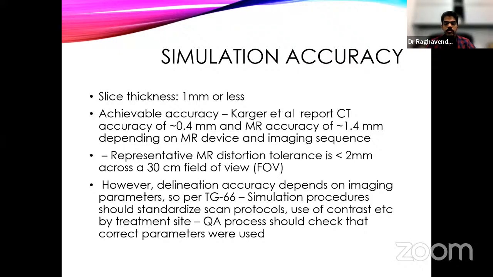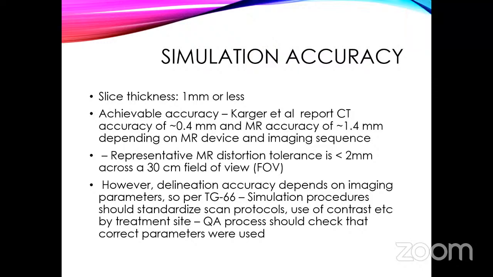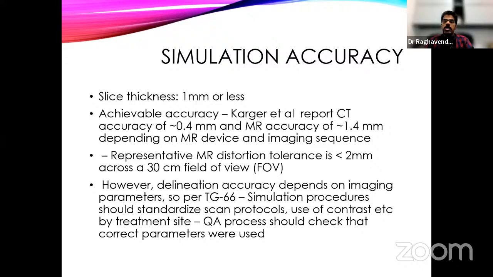As per Task Group 66, the simulation procedure should standardize the scan protocols. You should know what actually has to be done. For example, if you are looking at a condition like trigeminal neuralgia, what are the MR sequences you should use? Whether you want a 3D VISTA image, and what should be the axis of imaging?